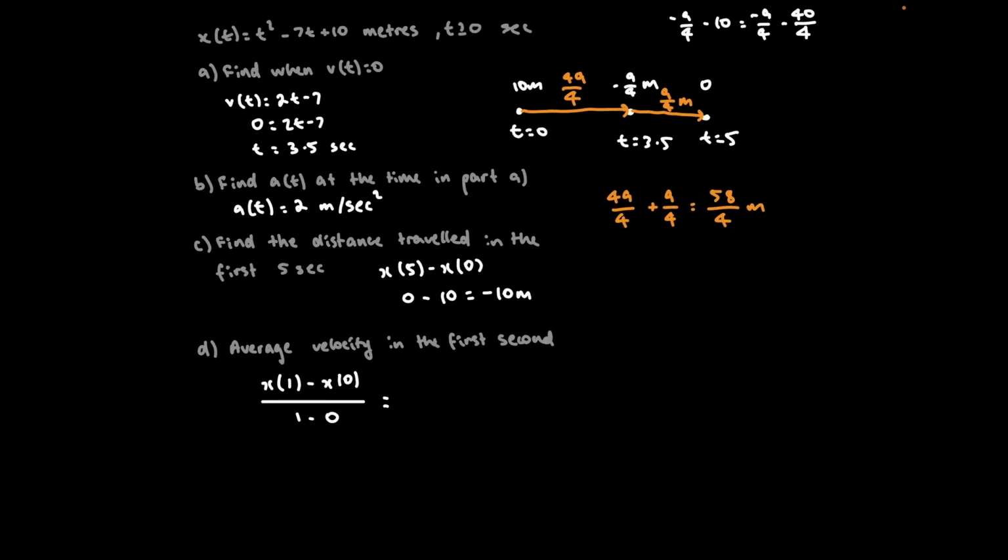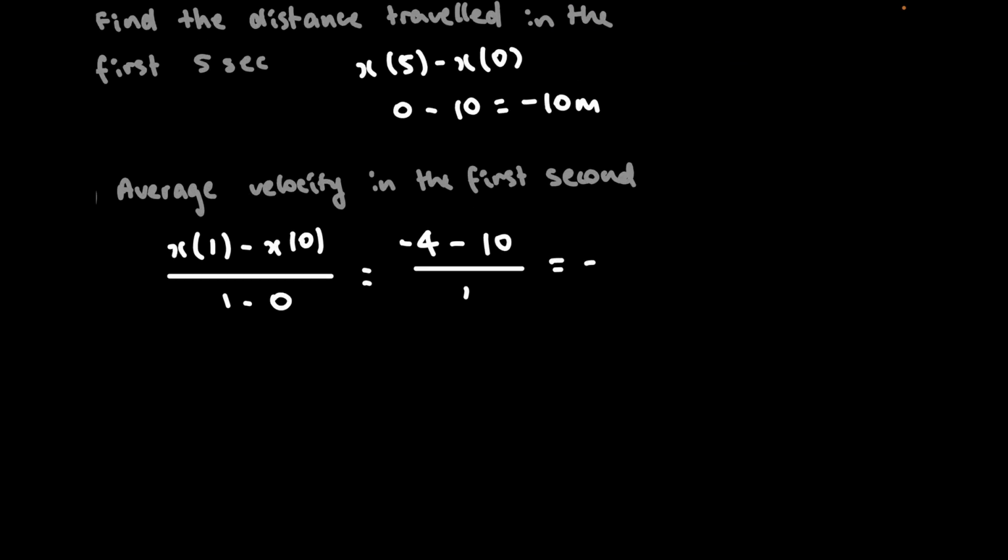So 1 minus 7 plus 10. Okay, that's the same as minus 6 plus 10, which is just 4. Minus the position when t equals 0, which is 10, all over 1. So that means your average velocity in the first second is minus 6 meters per second. And that's how you do rectilinear motion with derivatives in this video.